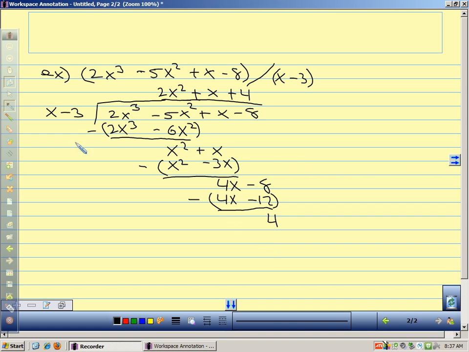And now I can't divide x minus 3 into 4, so 4 is my remainder. So this tells me that 2x cubed minus 5x squared plus x minus 8 divided by x minus 3 equals what I have up here, 2x squared plus x plus 4 plus 4 over x minus 3.